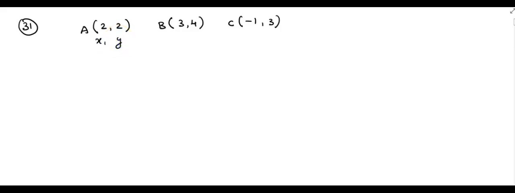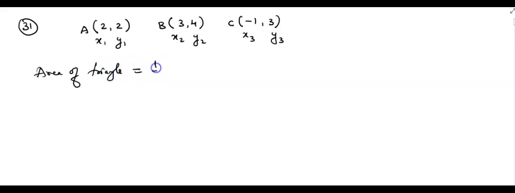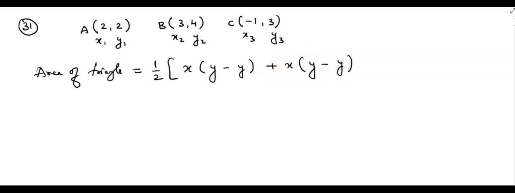So this is x1, y1, x2, y2, x3, y3. Now we should find the area of the triangle. Area of triangle is equal to half into x1 into y2 minus y3 plus x2 into y3 minus y1 plus x3 into y1 minus y2.